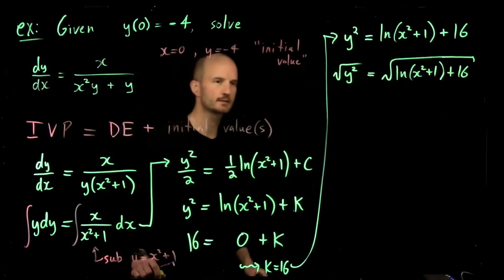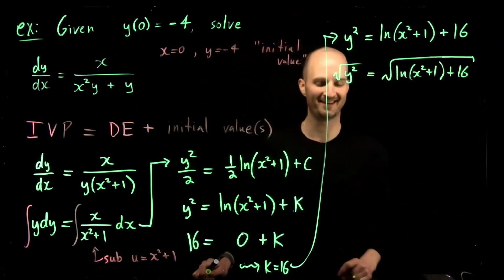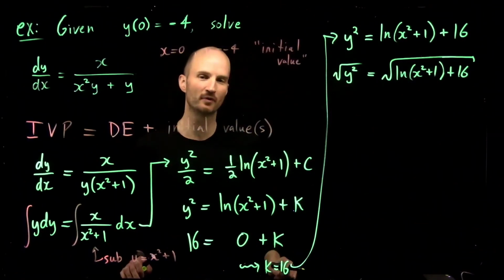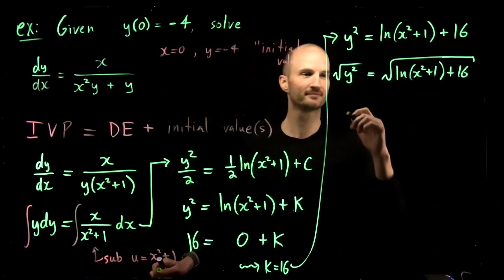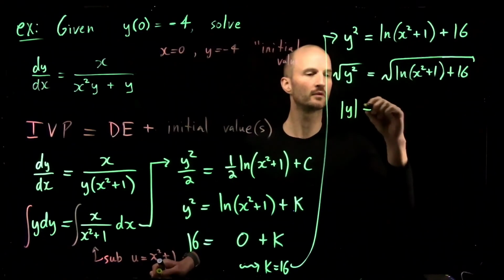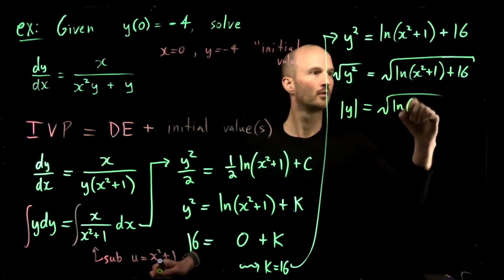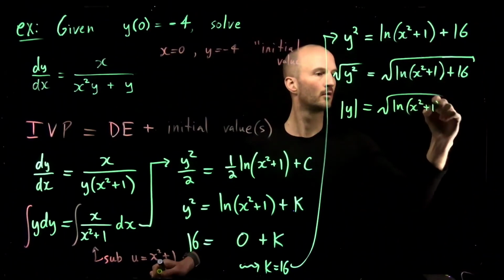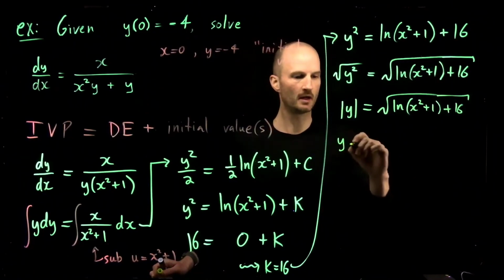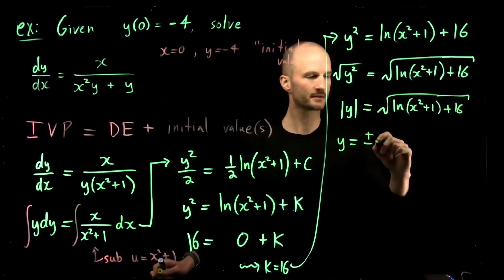Now, what do you get when you square root y squared? Skipping steps, well, you get the absolute value of y, which means that y is equal to plus or minus.